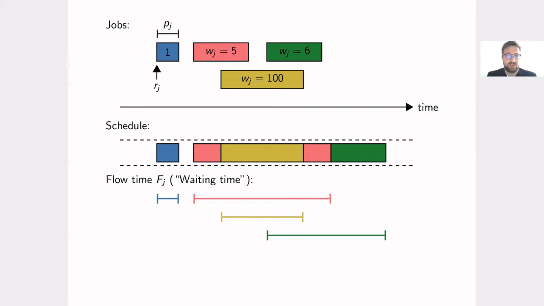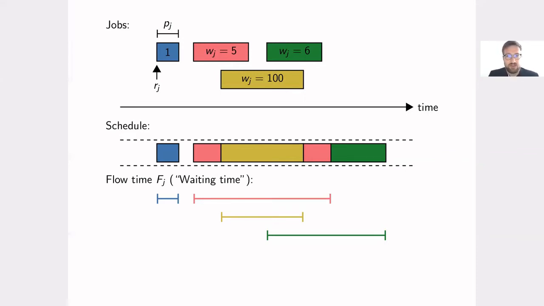Once we have such a schedule, we can determine the flow time fj of each job. The flow time, also called waiting time, describes the time from a job being released until it's completed.